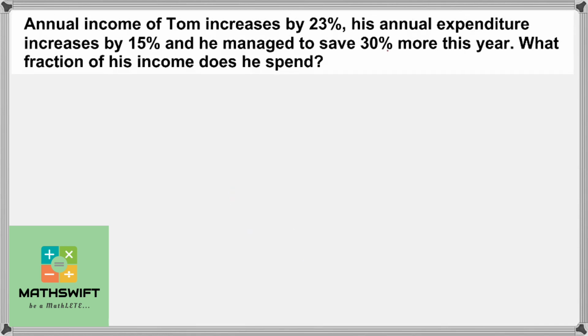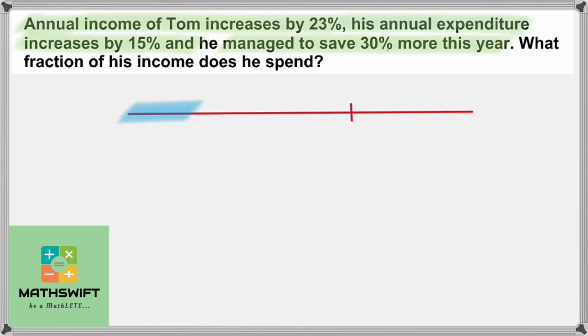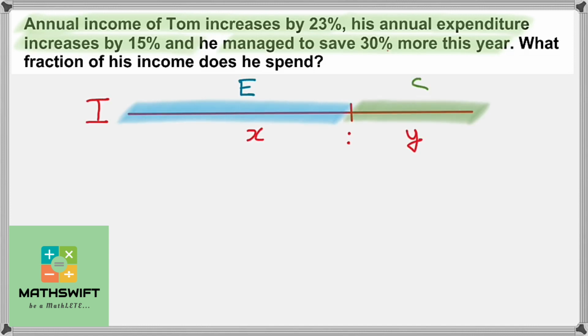Moving on to the third question. Here we have been given that Tom's income increases by 23%, his expenditure increases by 15%, and his savings increase by 30%. But we know nothing about the ratio of his expenditure and savings. Let's assume it to be X is to Y, where I, E and S represent income, expenditure and savings respectively.